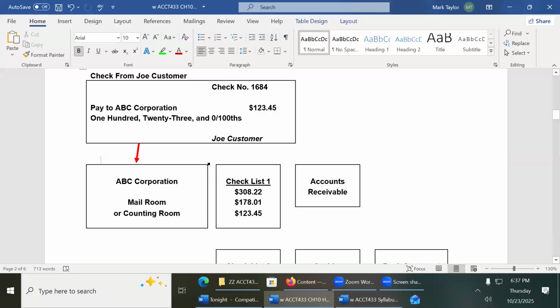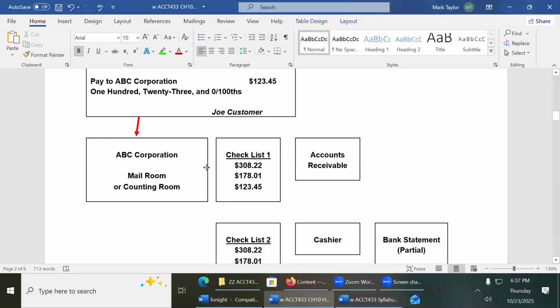And we would give those out to people. And when we gave them out to people, who did we give them to? One checklist went to accounts receivable.